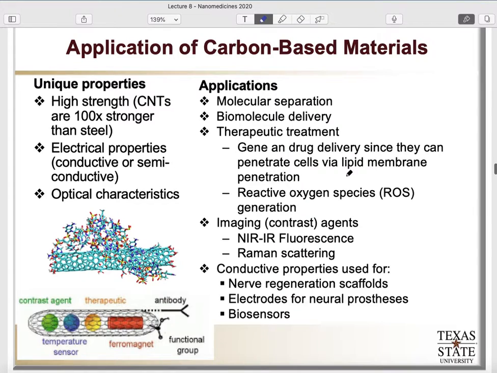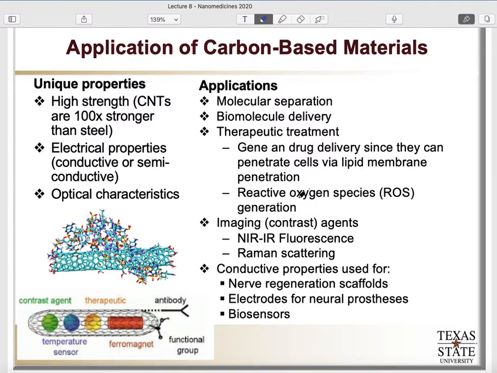So the high hydrophobicity of that carbon nanomaterial can enable them to go through the cell membrane without having to undergo endocytosis. We have talked about endocytosis in the past, which is where the nanomaterial might be engulfed and taken in through the endosomal route, which then leads to the lysosomes. But in this case, it can actually penetrate through that phospholipid layer. And so that's something that is unique.